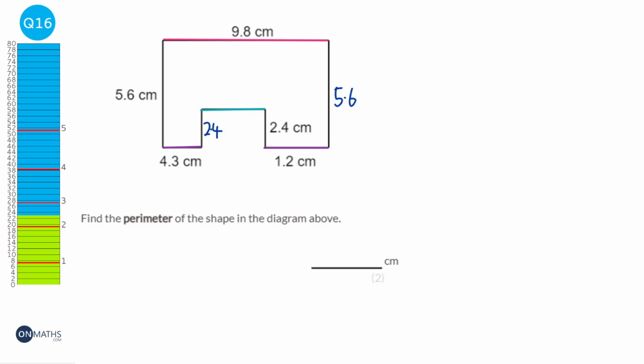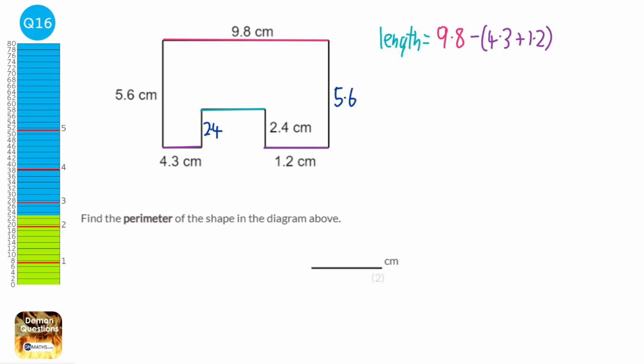To work out the length of the missing bit, we're going to do 9.8, and we're going to take away the 4.3 plus the 1.2. When we do that, we get 4.3. So this missing bit here is 4.3.